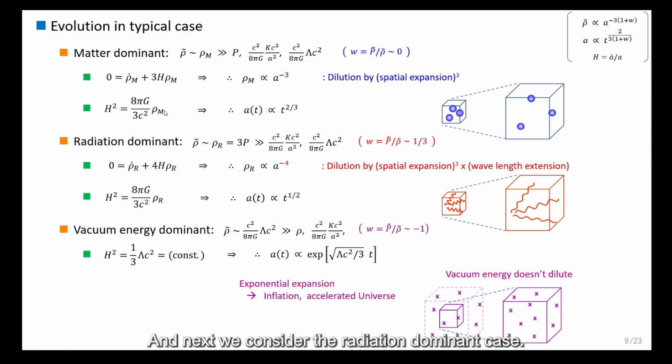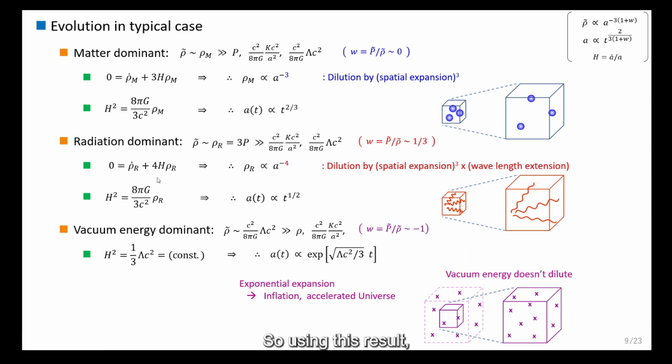And next, we consider a radiation dominant case. In this case, the energy density and the pressure have this relation, and other components are negligible. So this case relates to W being 1/3.